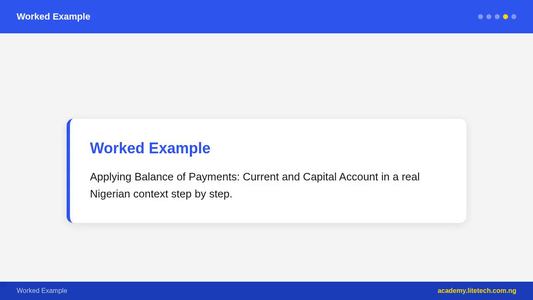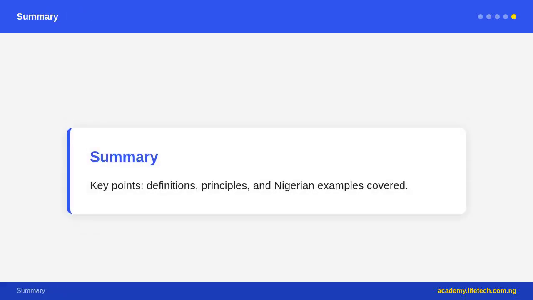The effectiveness of devaluation depends on the Marshall-Lerner condition. Devaluation improves the current account only if the sum of the price elasticities of demand for exports and imports exceeds 1. In Nigeria, devaluation of the naira has historically not fully corrected the trade deficit, partly because Nigerian exports, oil, are priced in US dollars, so their naira price rises, but foreign demand is not strongly price sensitive, and partly because Nigeria imports goods, refined petroleum, pharmaceutical products, for which domestic substitutes are unavailable in the short term.